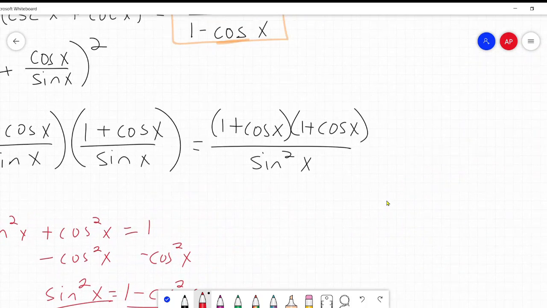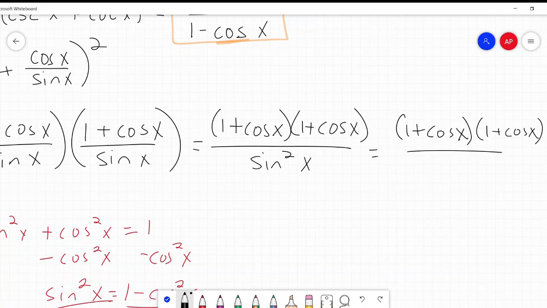Okay, so over here, I've still got my 1 plus cosine x times 1 plus cosine x on top. But now on the bottom, I've got my 1 minus cosine squared of x. Now the one thing from algebra that you need to remember for this is what a difference of squares is.